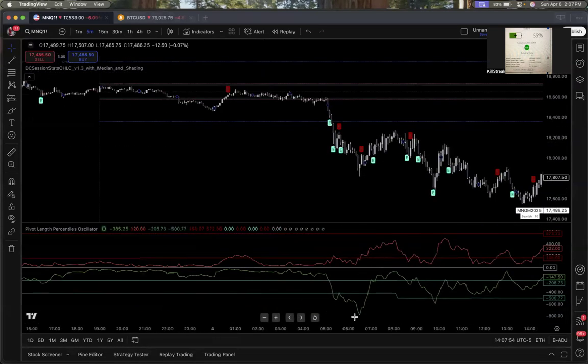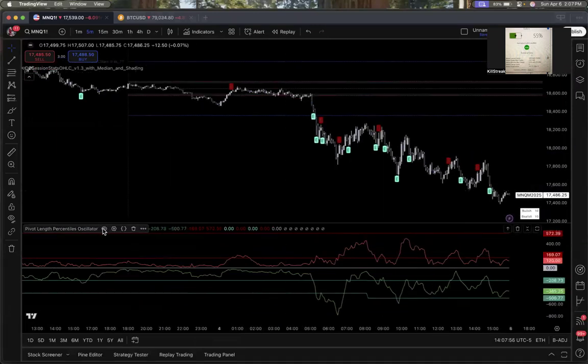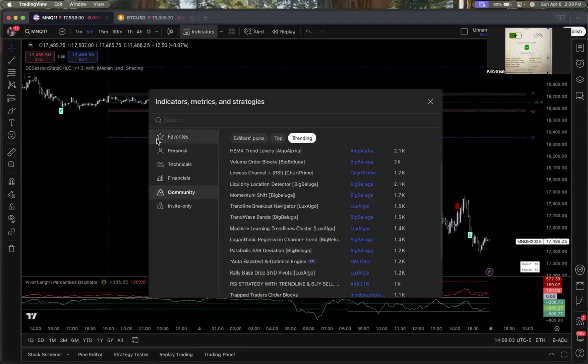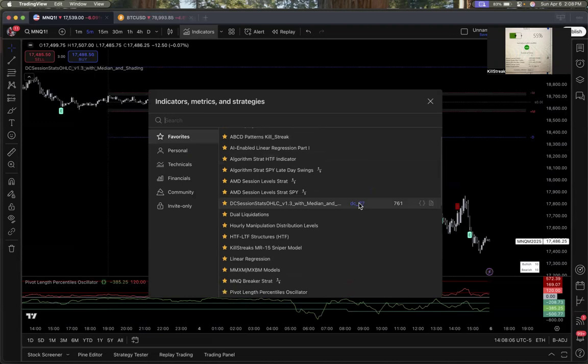But okay, so to explain this, this indicator I developed right here, or this is one that was developed by DC77.